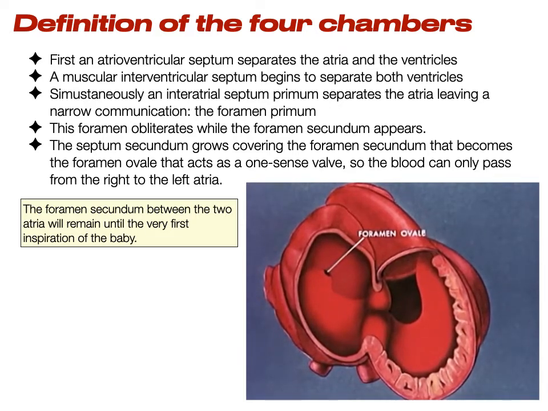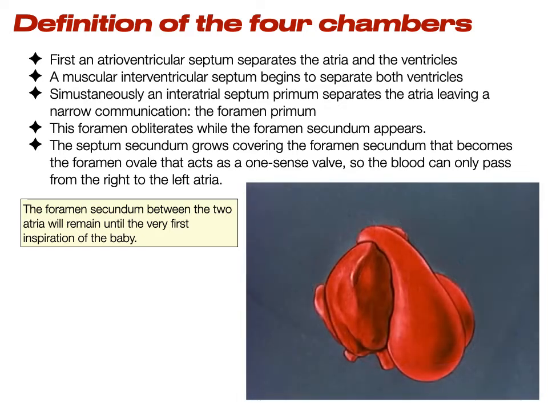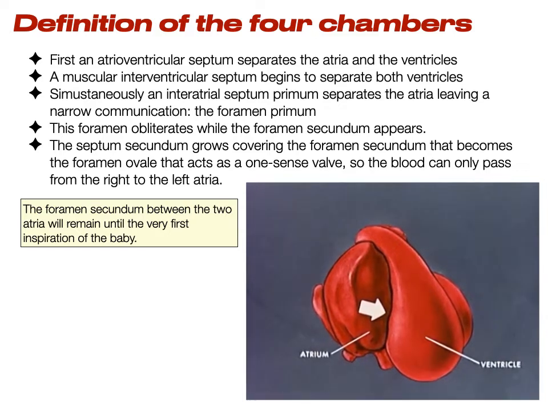So the foramen between these two atria will remain there until the very first respiration of the baby. When the baby takes air inside for the first time, the valve sticks to the wall and the foramen closes.